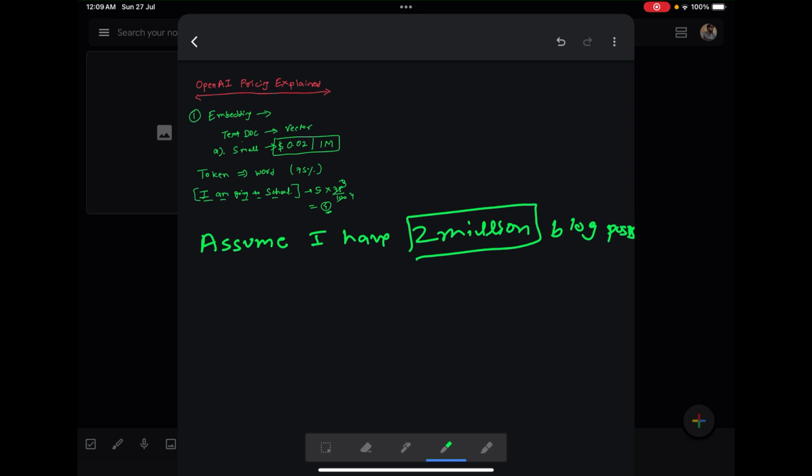Let's assume that they are stored in S3. So my task is to get the embeddings for these 2 million documents.